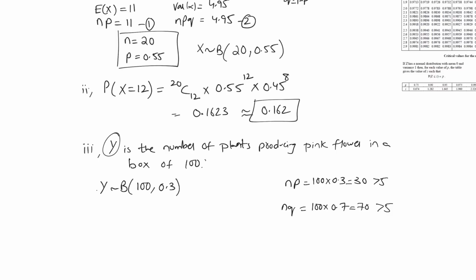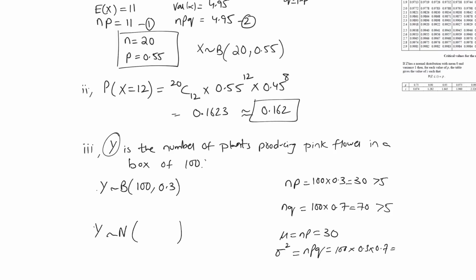Now converting it to a normal distribution, Y follows a normal distribution. We need the normal distribution parameters. The mean is np, which is 30, and sigma squared, the variance, is equal to npq, so 100 times 0.3 times 0.7.